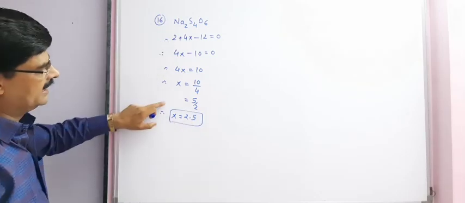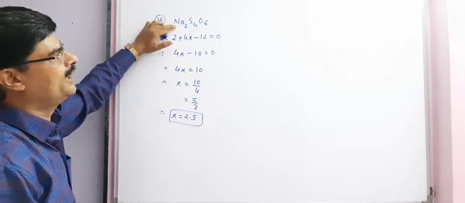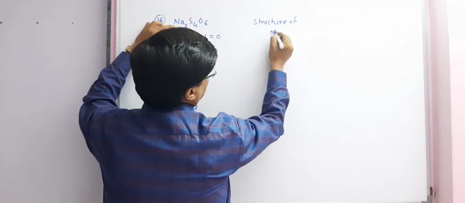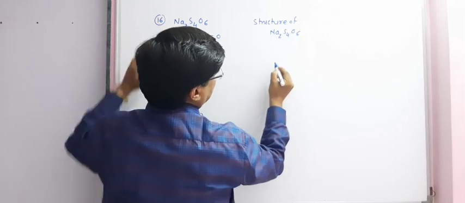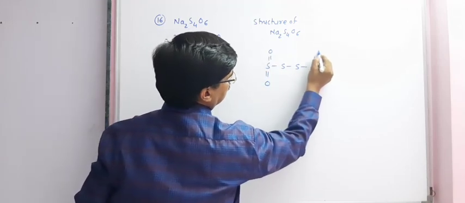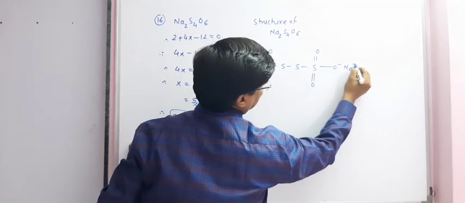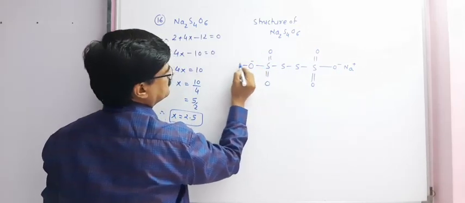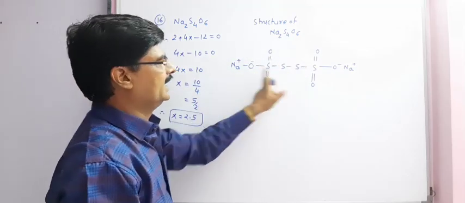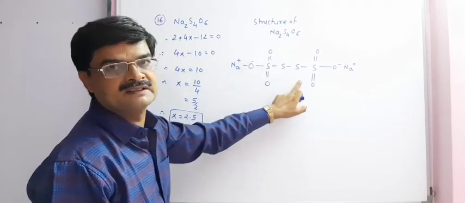This is again what we can say by the formula method. But if we study the structure of Na2S4O6, this is the structure of Na2S4O6: Na2, S4, and the total number of oxygen is 3 plus 3, 6.